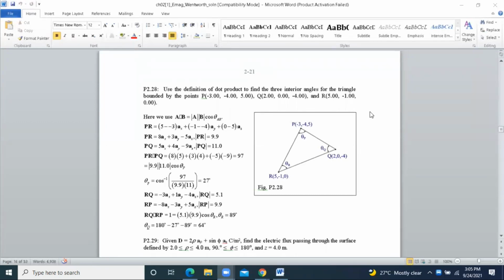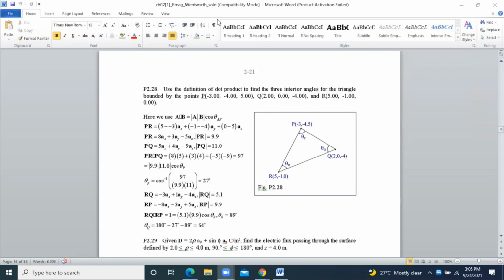Sir, I got the equation for Q. Okay, so what is it?